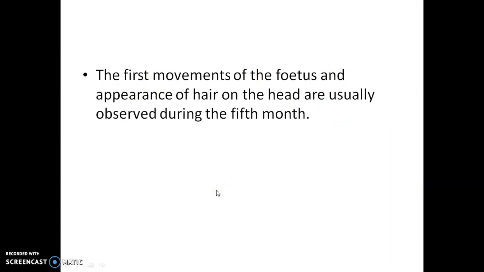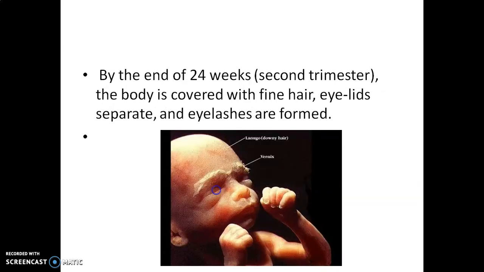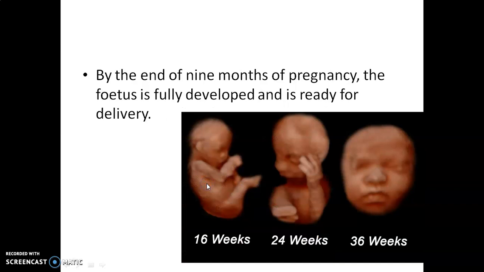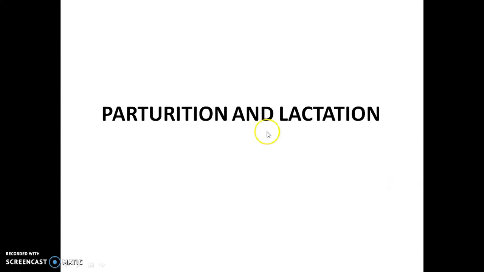The first movement of the fetus and the appearance of hair on the head are usually observed during the 5th month. By the end of 24 weeks, that is the 2nd trimester, the body is covered with fine hair, eyelids separate and eyelashes are formed. By the end of 9 months of pregnancy, the fetus is fully developed and is ready for delivery, and the process of childbirth is known as parturition.